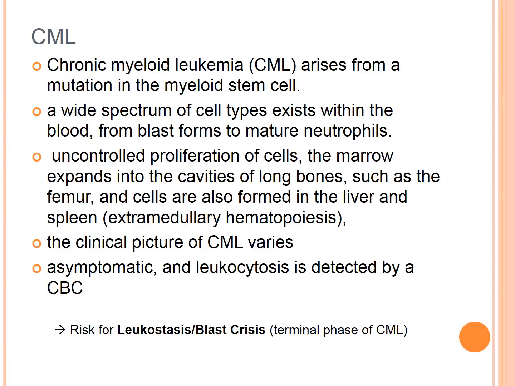All right. So again, risk for leukostasis or blast crisis in the acute phase of CML. That's your terminal phase. So that's when the blast cells are greater than 100,000, right? And they're at risk for problems with perfusion.